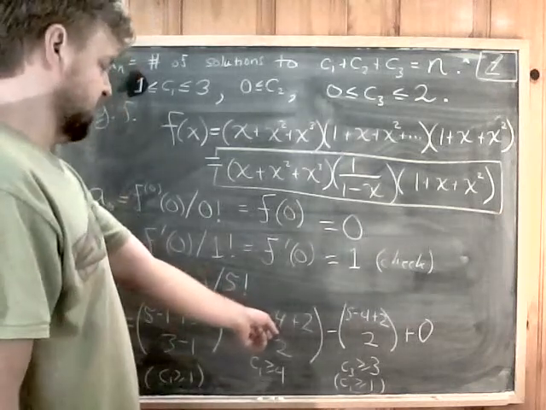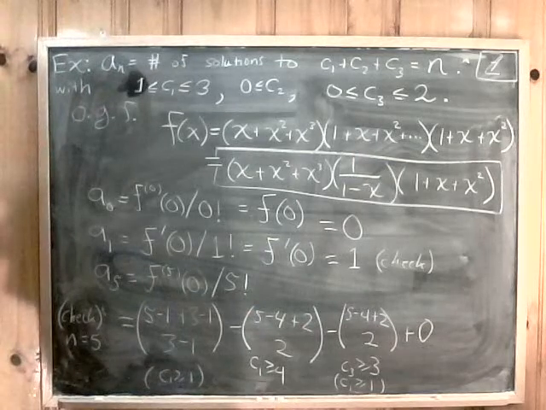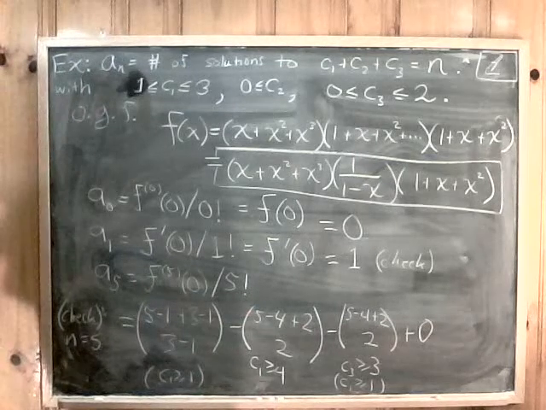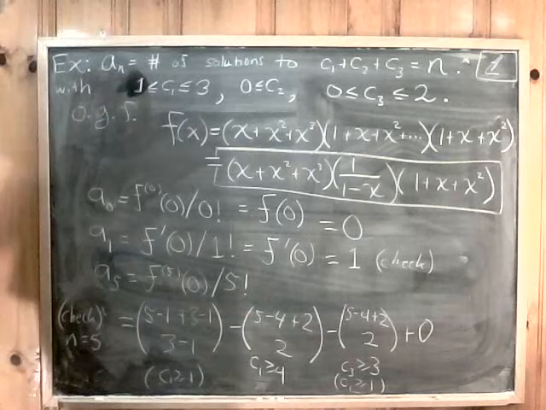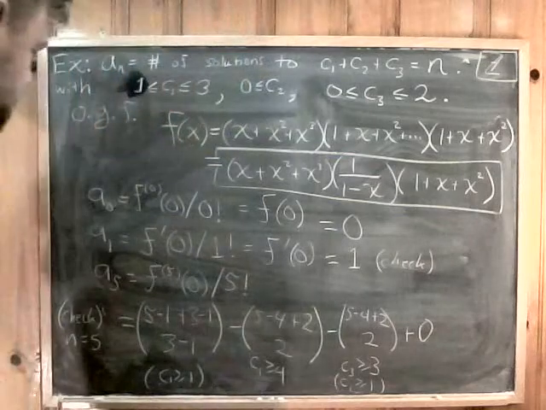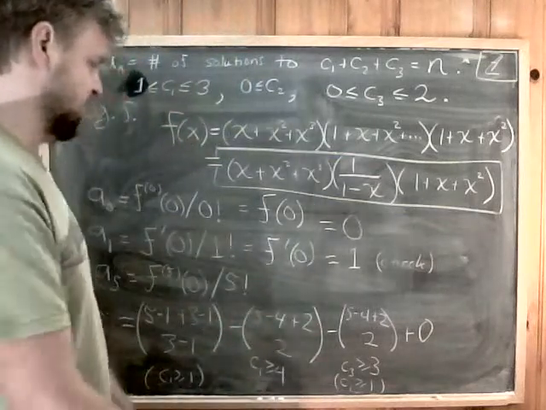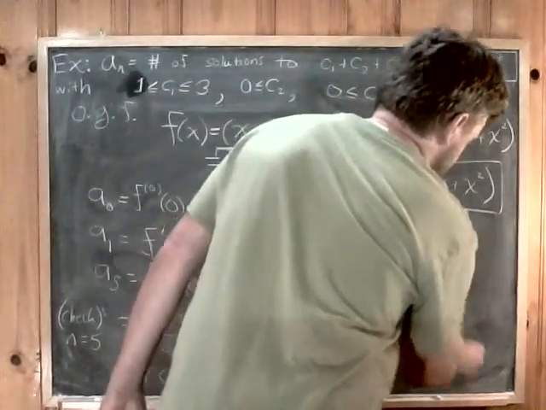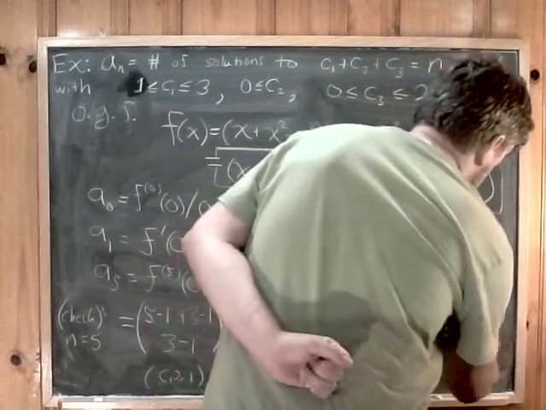This one is going to be 5 minus 4 is 1 plus 2. 3 choose 2. That's 3. Same as 3 choose 1. And this one's the same thing. So I get the 15 minus 3 minus 3. So 15 minus 6 equals 9.